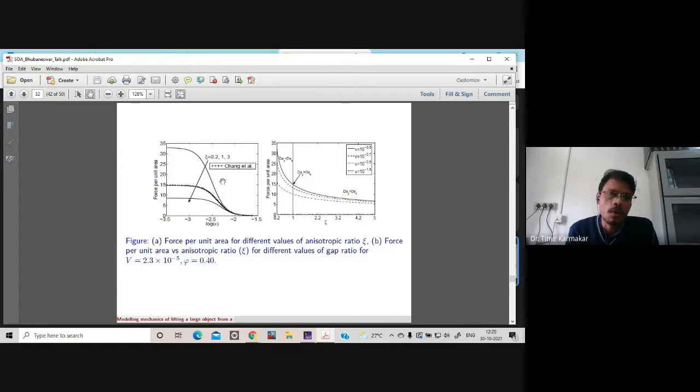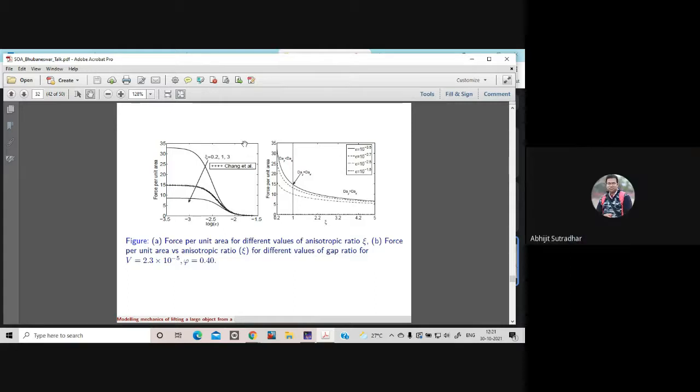Our focus was to reinvestigate the work for anisotropic porous media, as we feel that the anisotropy will have a larger impact on the breakout force and time. So the data we have used is from this work.